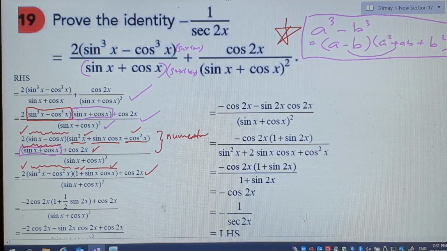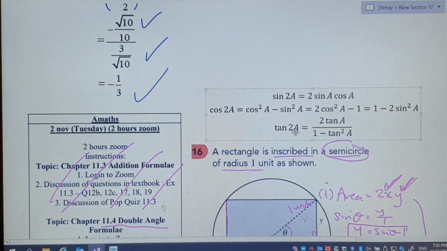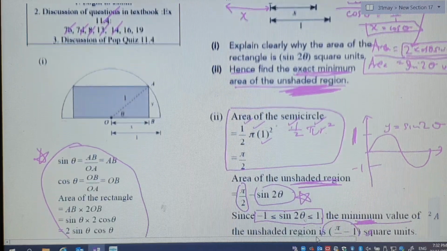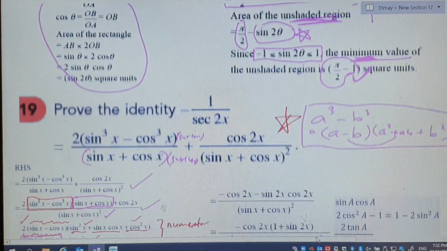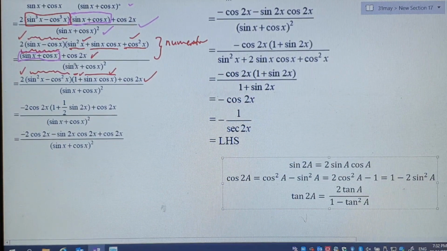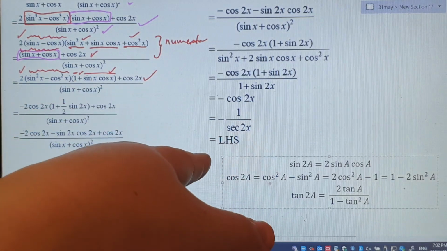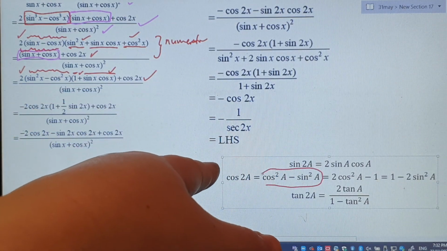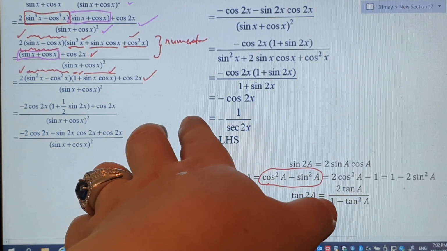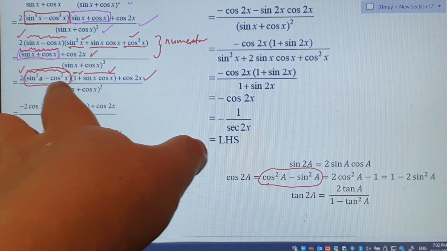And then you see, let me bring the double angle formula down. Here, can you see that sine square minus cosine square, this is cosine square minus sine square. It's like everything is the same except minus plus.